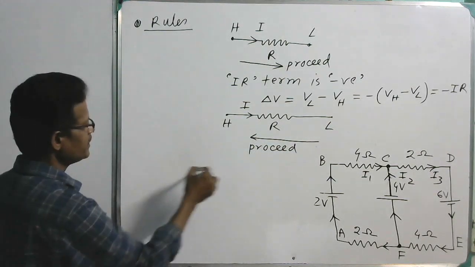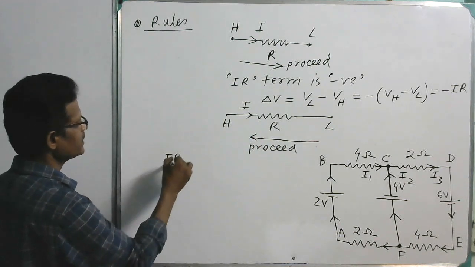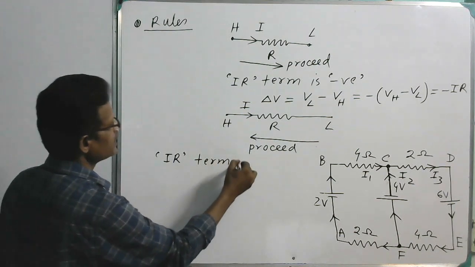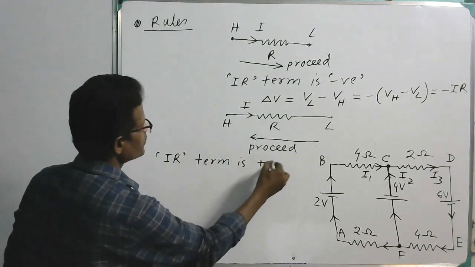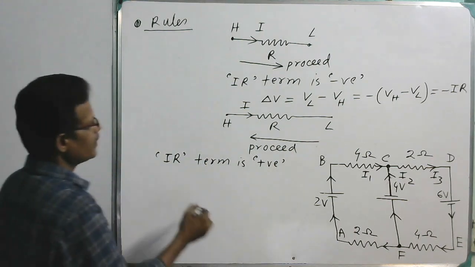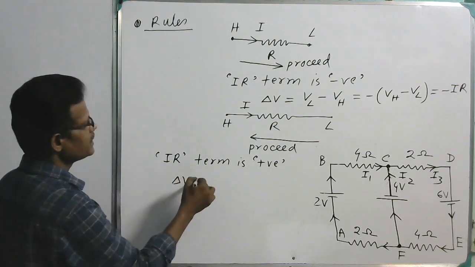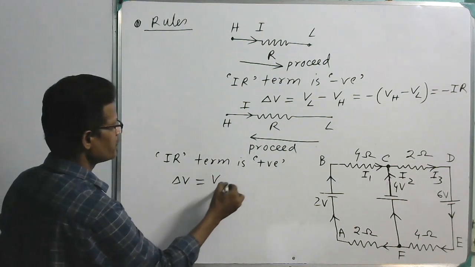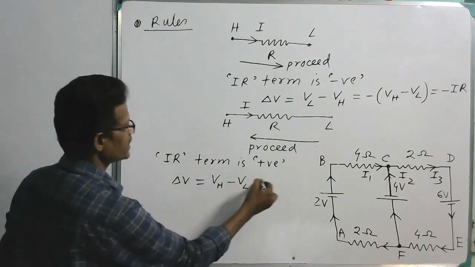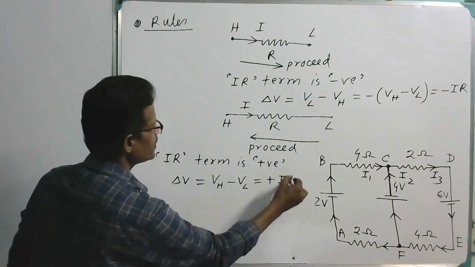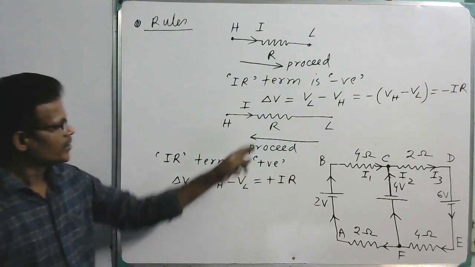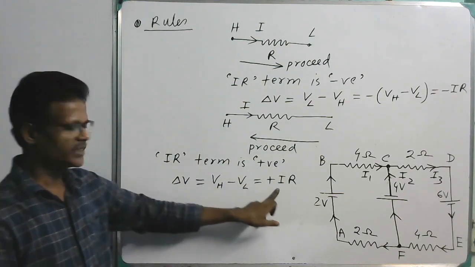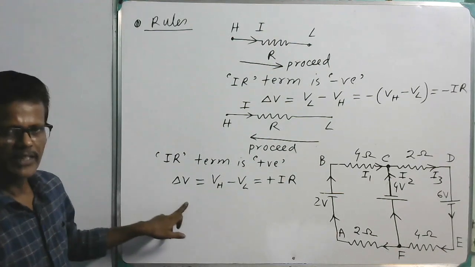So here the IR term is positive. How? Delta V equals VH minus VL, which is simply IR as per Ohm's law. This is the higher potential point, so this term is positive, plus IR.